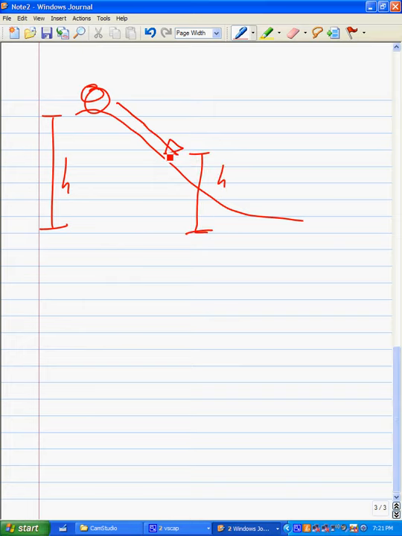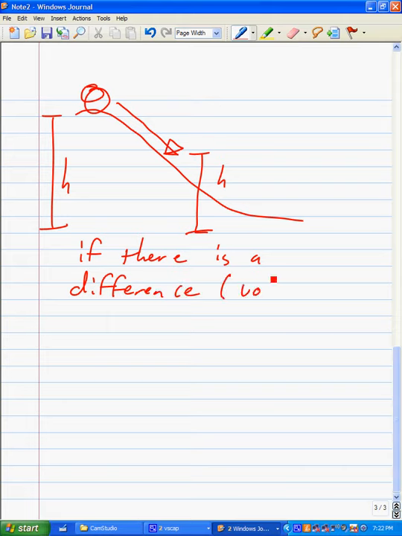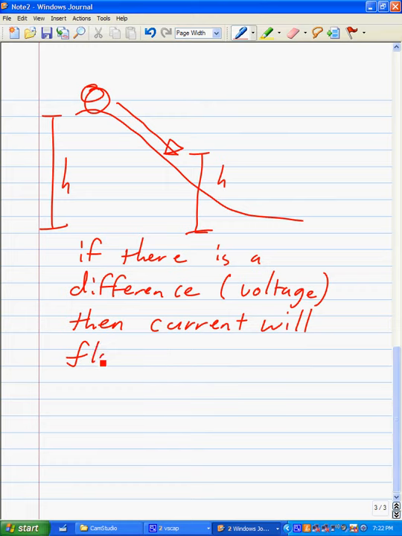So if there is a difference, which is a voltage, if there's a difference in that energy from one spot in a circuit to another, then current will flow.